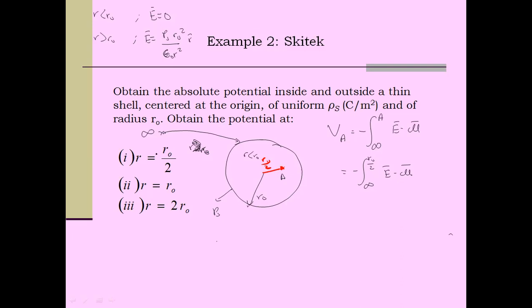The first one is from infinity to R naught, which is dealing with the E field here. Let's say we write this as E2. And then from R naught to R naught over 2, we have the E field number 1, which is 0.